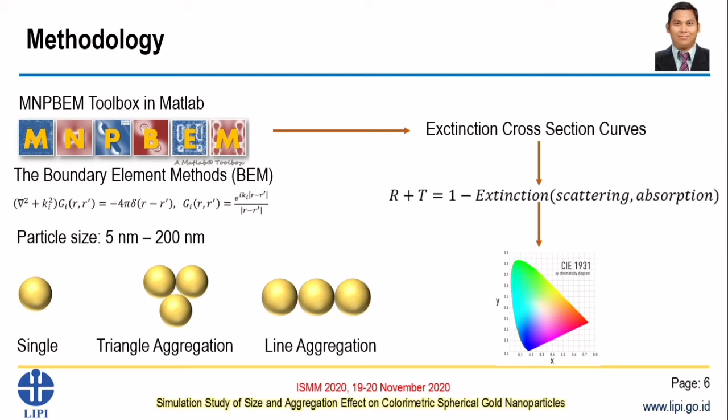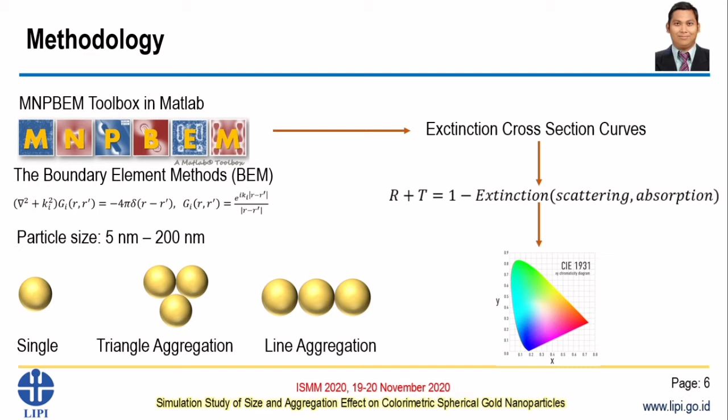This free toolbox utilizes boundary element methods to simulate extinction cross-section curve of any given size, shape, and configuration of gold nanoparticles. From this curve, we calculated the appearance or color and display it using CIE 1931 color diagram.